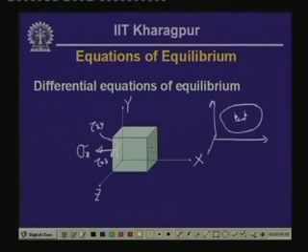Now, when it comes to this particular plane, which is at a distance of dx from this plane, and likewise let us assume that this length is dy and this is dz.